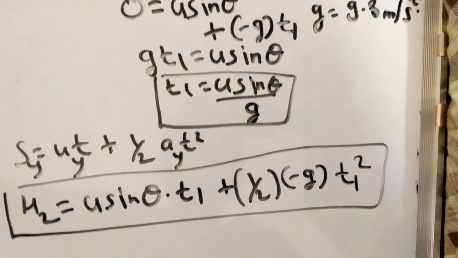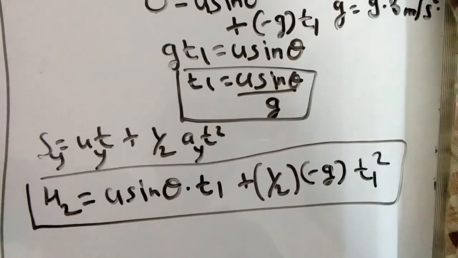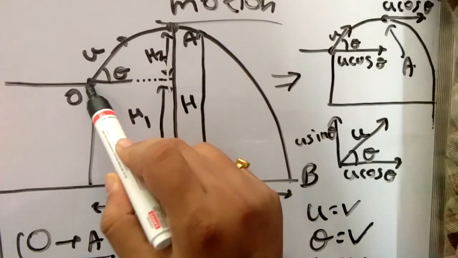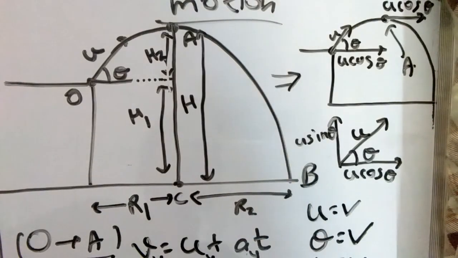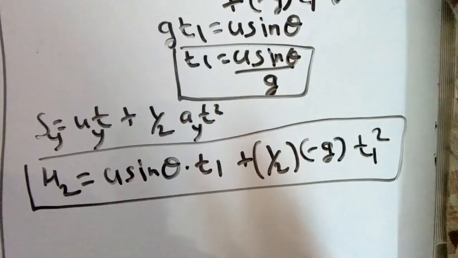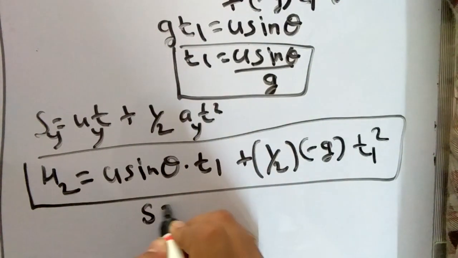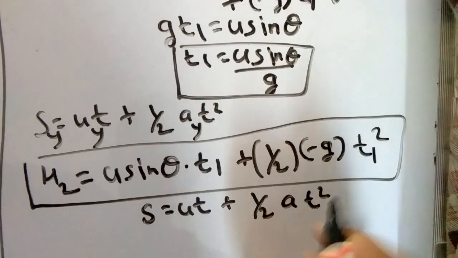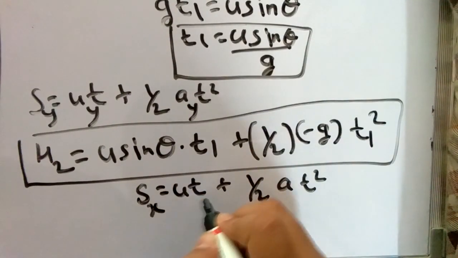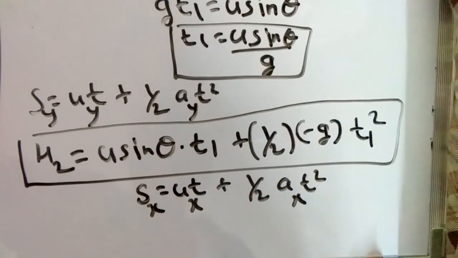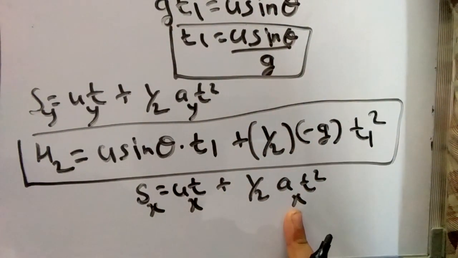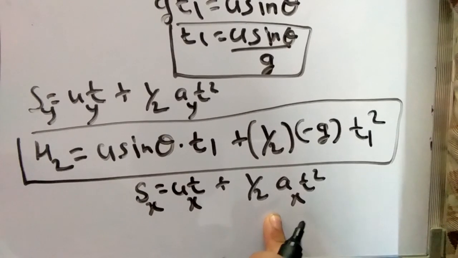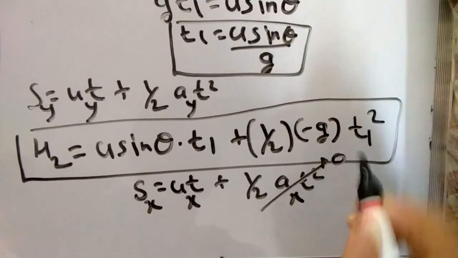Then we will find the value of r1. What is r1? We are moving from O to A, so the horizontal distance is r1. For that I will use the formula s equal to ut plus half at square, but in this case we will write x. Now we all know that ax is 0 because there is no force in the x direction, so we will not write this term.